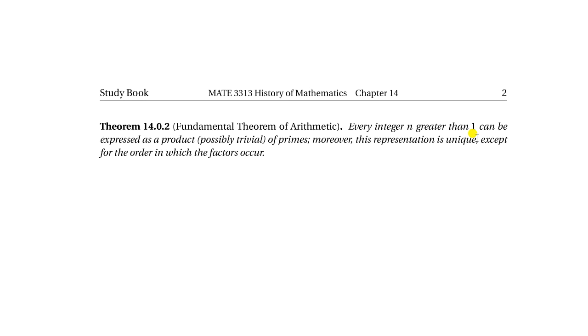So we can handle this big number in a much easier way. And the way of dissecting is unique. That's the meaning of it. No matter what number you're dealing with, and whoever tries to dissect it, the prime factorization is unique.